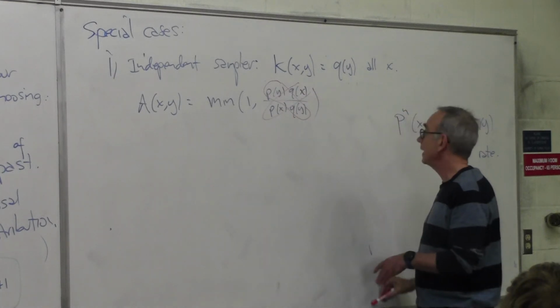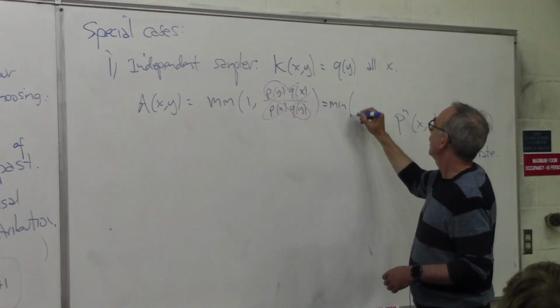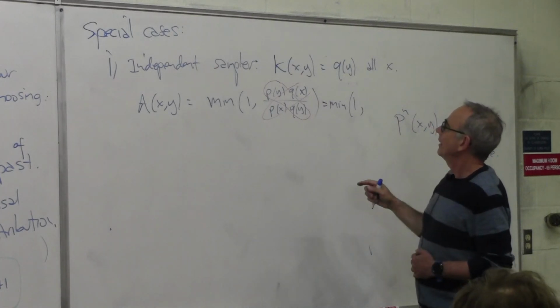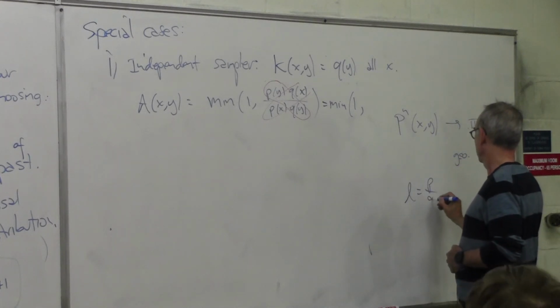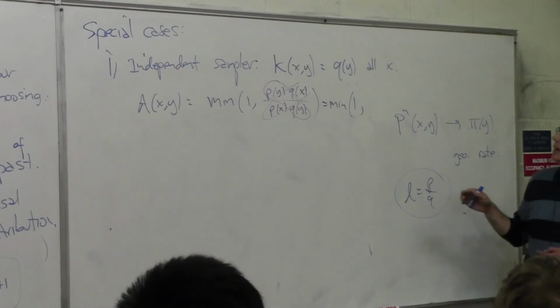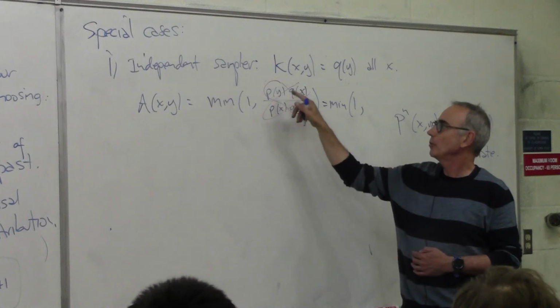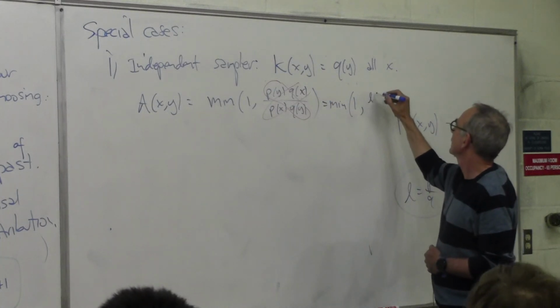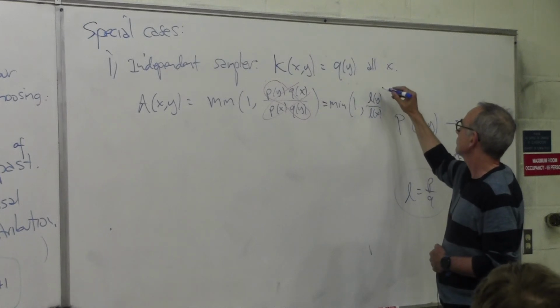So the notation that I adopted, this would be the minimum of 1 and, I flipped my likelihood ratios today, making it P over Q, so I get the likelihood ratio at y divided by the likelihood ratio at x.